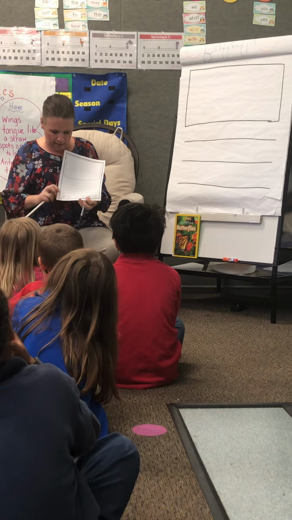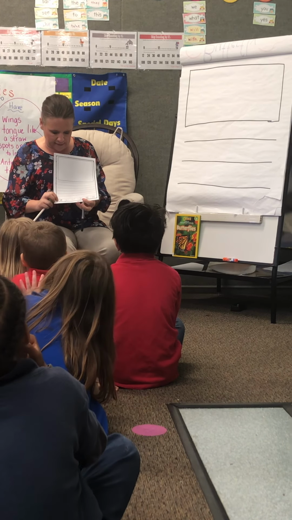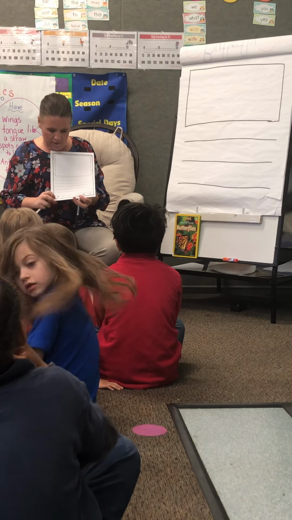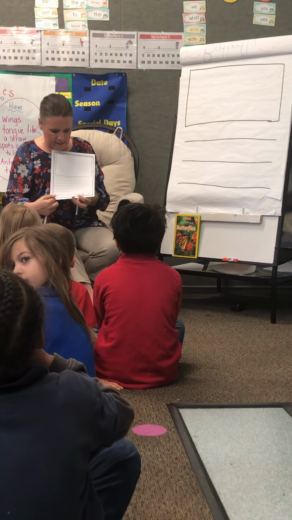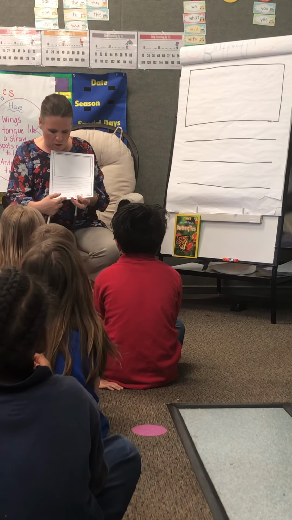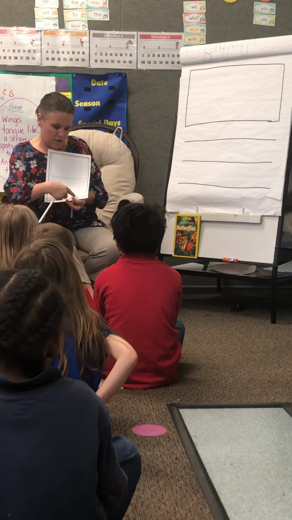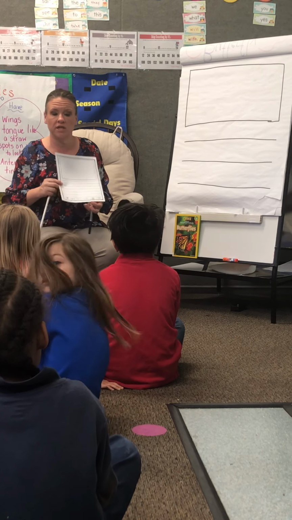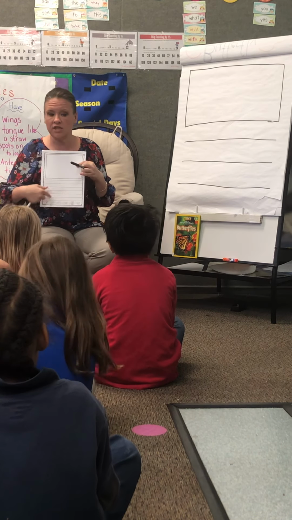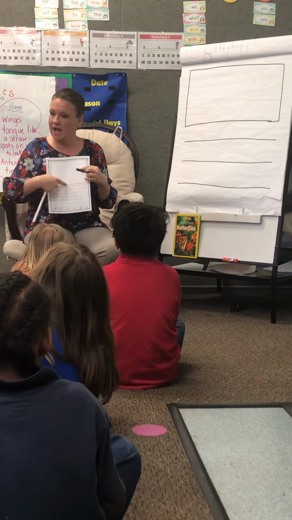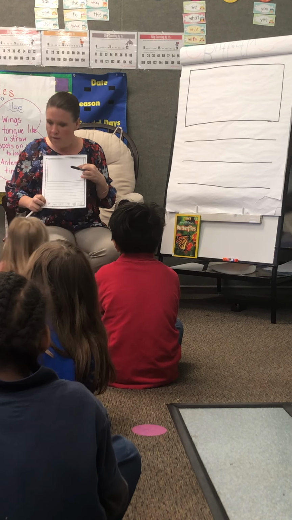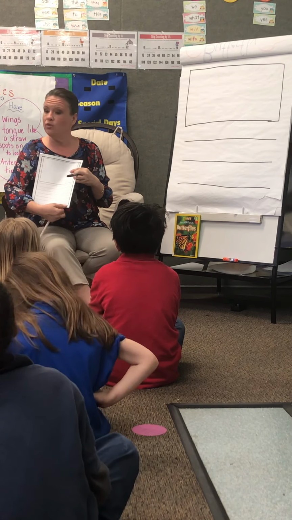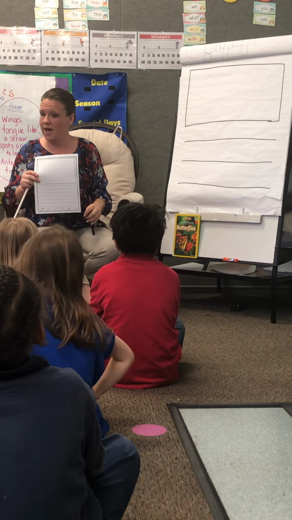Down here at the bottom, it has the little prompts like we had on our chart: you're going to write your words neatly, use your word wall, use finger spaces, write more, and use capitalization and punctuation. When you are finished with your story, I'm going to have you illustrate it, and then I want you to go down here and check and make sure you did all of those things, okay?